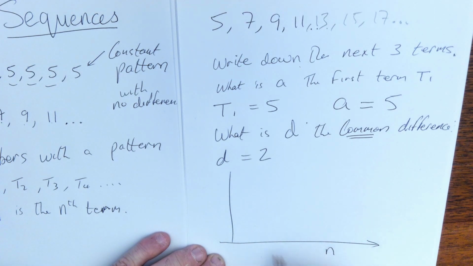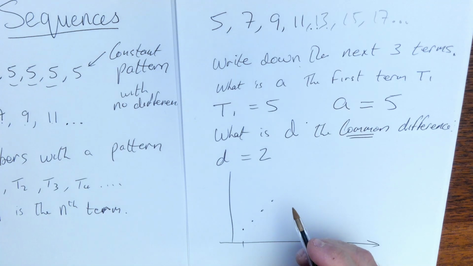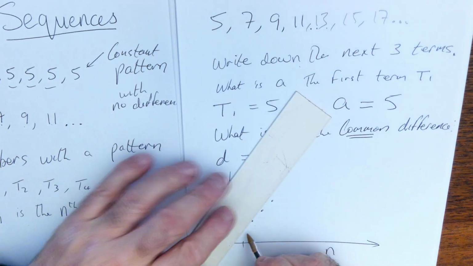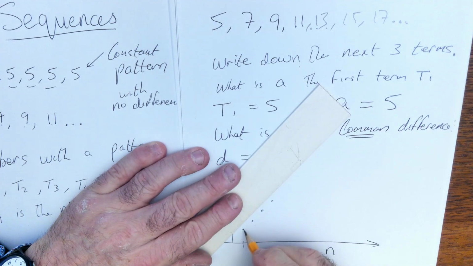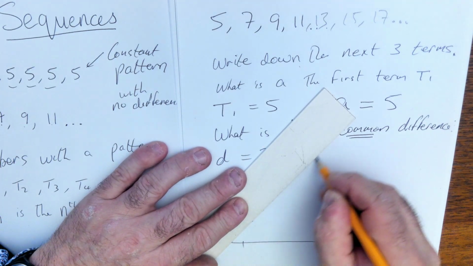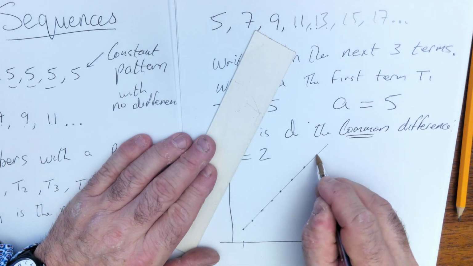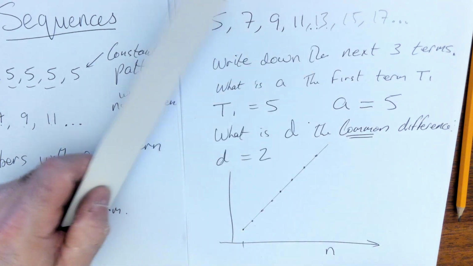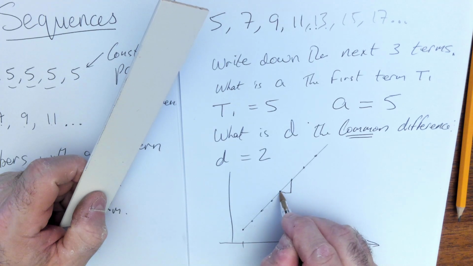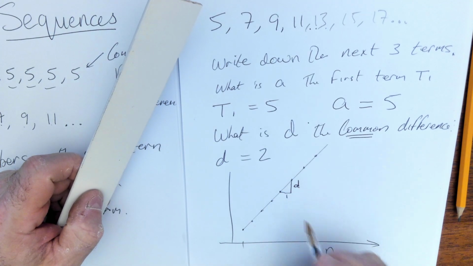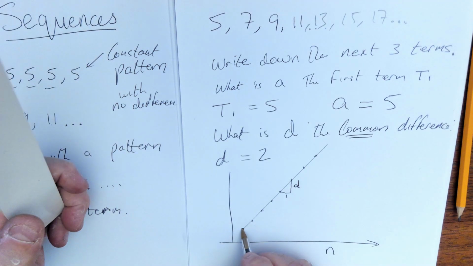For example, at term 1 we're getting 5, then 7, then 9, etc. Because we're going up the same amount, with the same slope, we get a straight line, even though it's only the dots or the values, but we can use the straight line to think about our other values. The slope of the line is D, the common difference, and 1 goes here. And this number here is A.